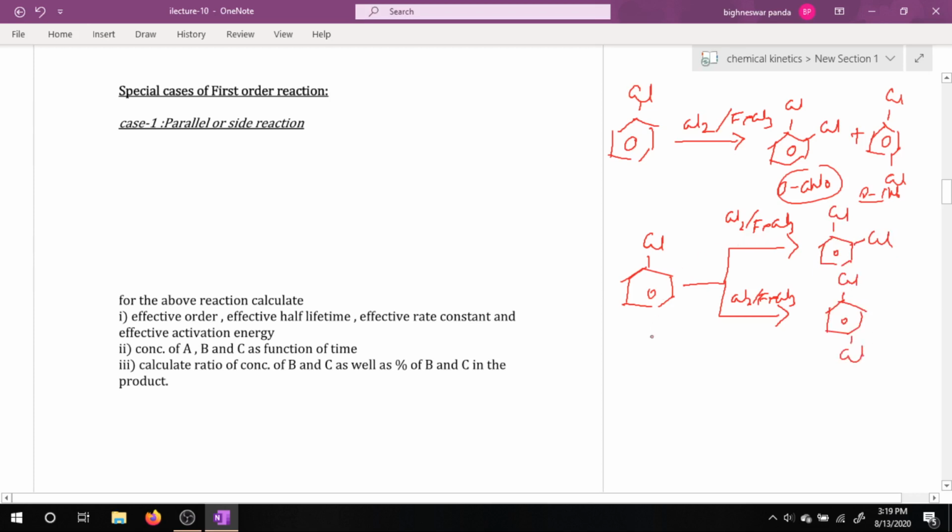This type of reaction is called a parallel or side reaction.